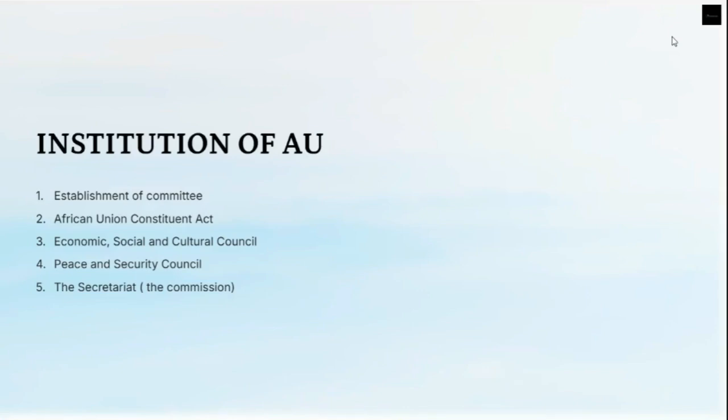Almost all of them have organs. All these are the institutions of the AU, which is the African Union.